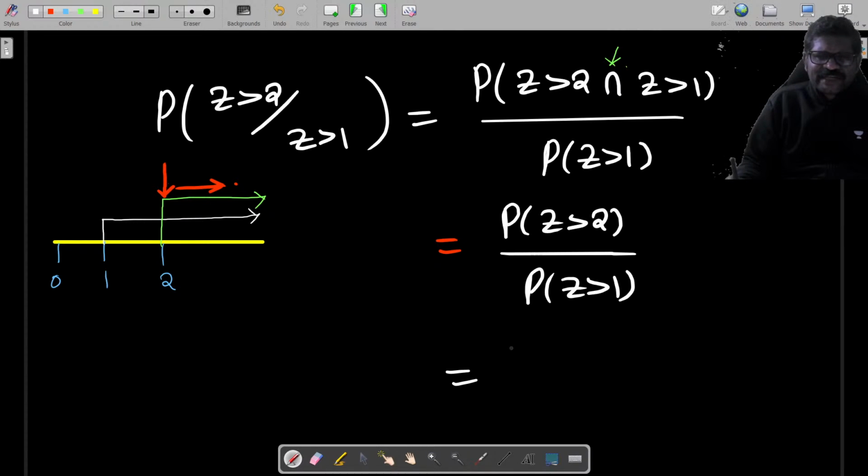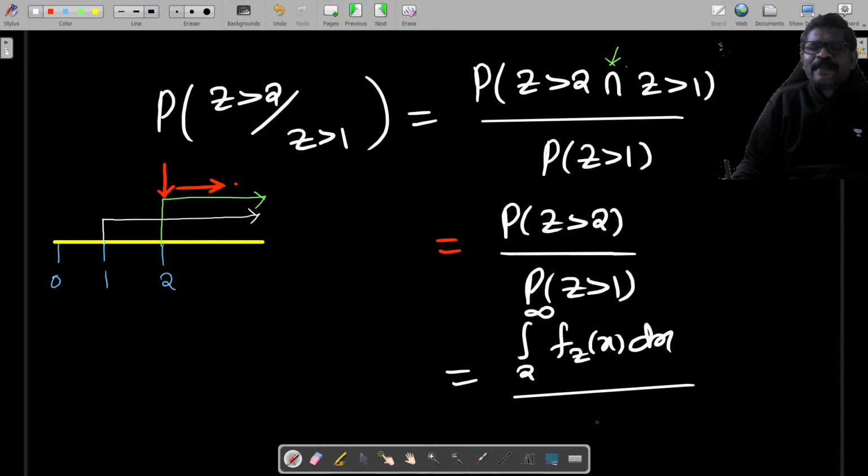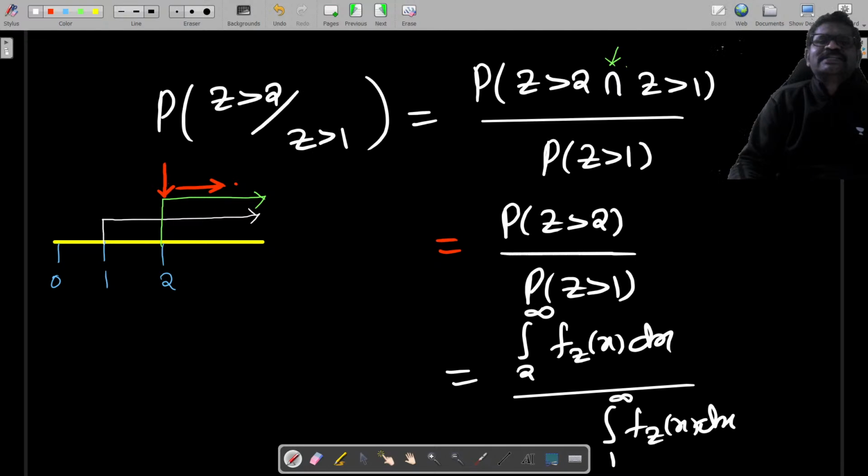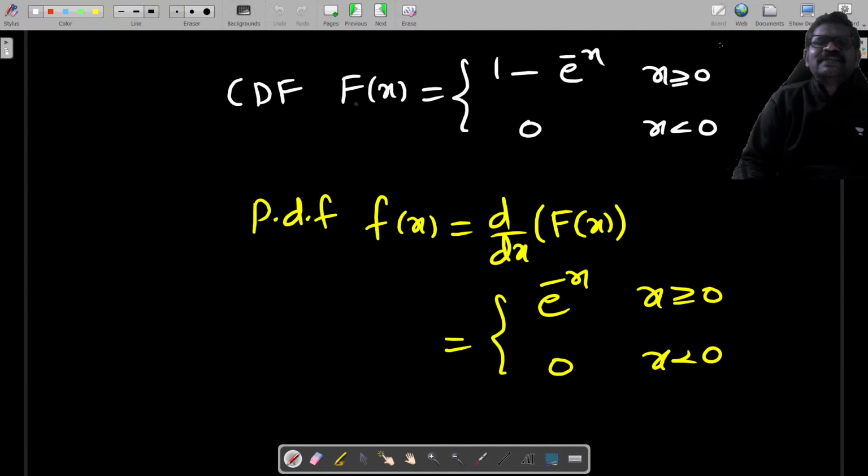This can be written as the integral from 2 to infinity of the density function f z of x dx, divided by the integral from 1 to infinity of f z of x dx. This is capital Fz, this is small fz. Now you require the density function.